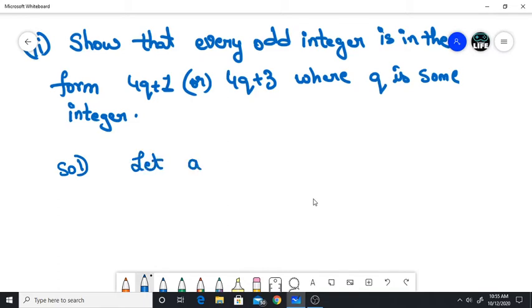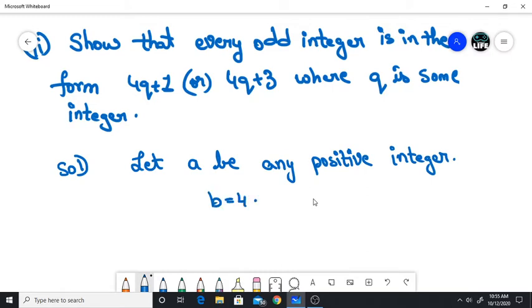Let a be any positive integer and b equals 4.